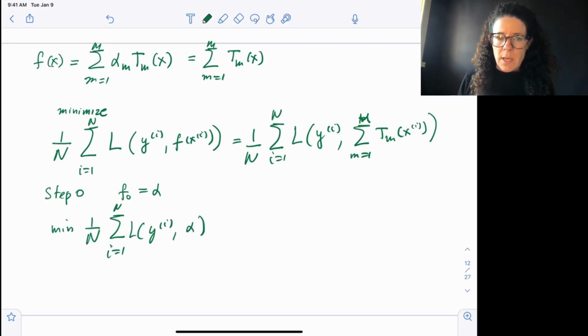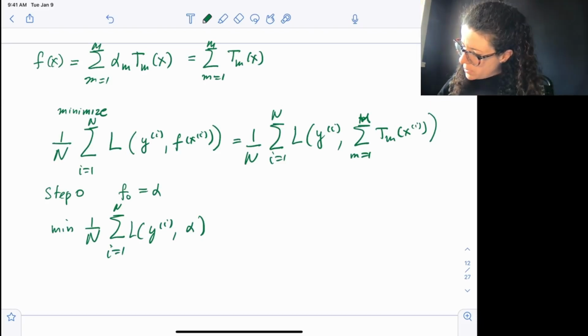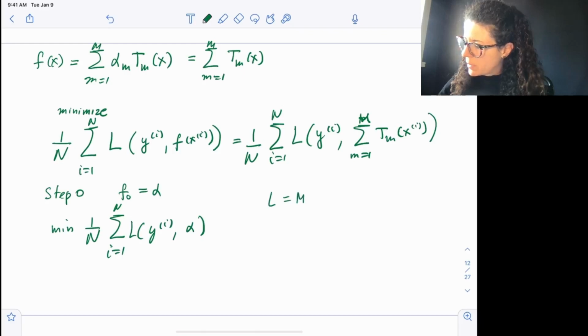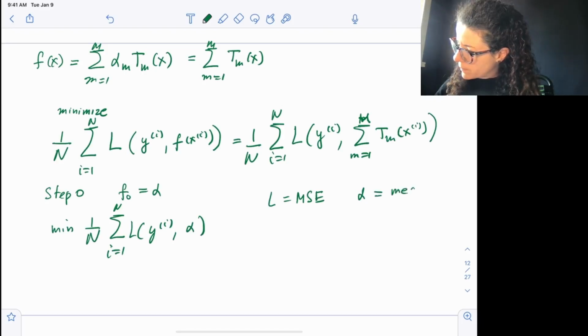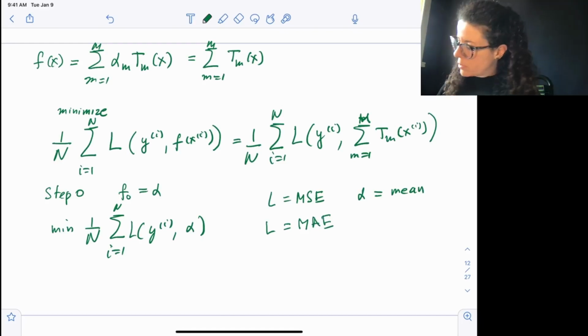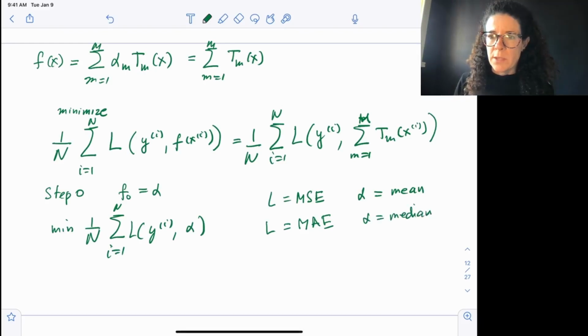And we have seen this before, right? If you remember, if L is equal to MSE, mean squared error, we know that alpha is the mean of the targets. If L is equal to mean absolute error, we know that alpha is the median of the targets in the training data.